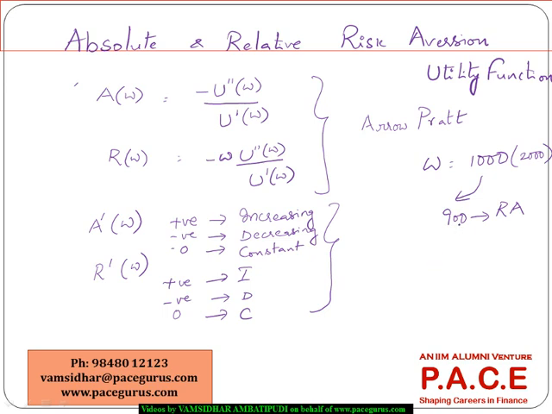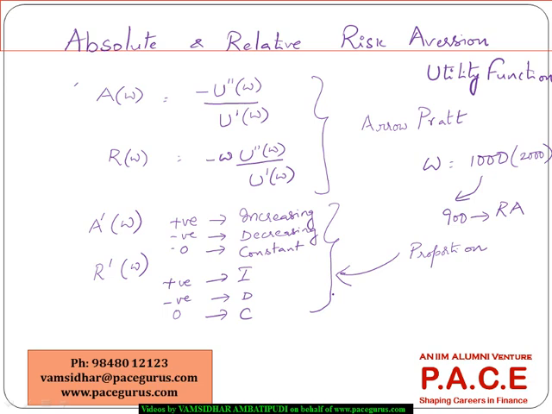Similarly, the other way we could look at it is a person who has the highest proportion of investments in risky assets; then we see that as his wealth increases, he is exhibiting a decreasing relative risk aversion level.